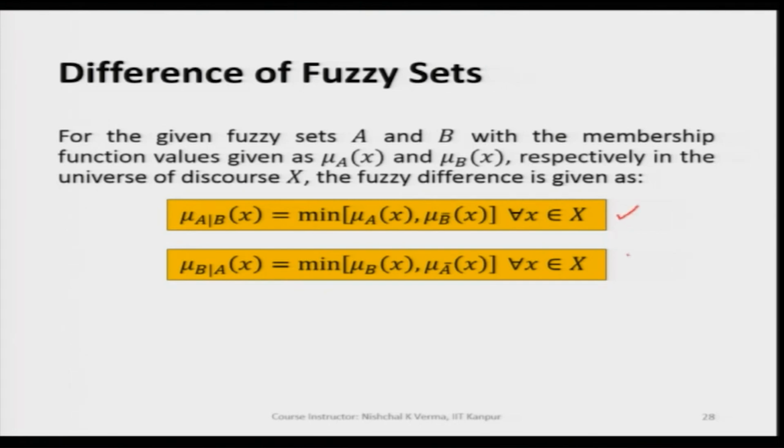The membership values are represented by mu A oblique B of x is equal to min of mu A of x comma mu B bar of x. And then if we are interested in the difference of fuzzy sets B and A, we find the respective membership values as mu B oblique A of x equal to min of mu B and mu A bar of x.